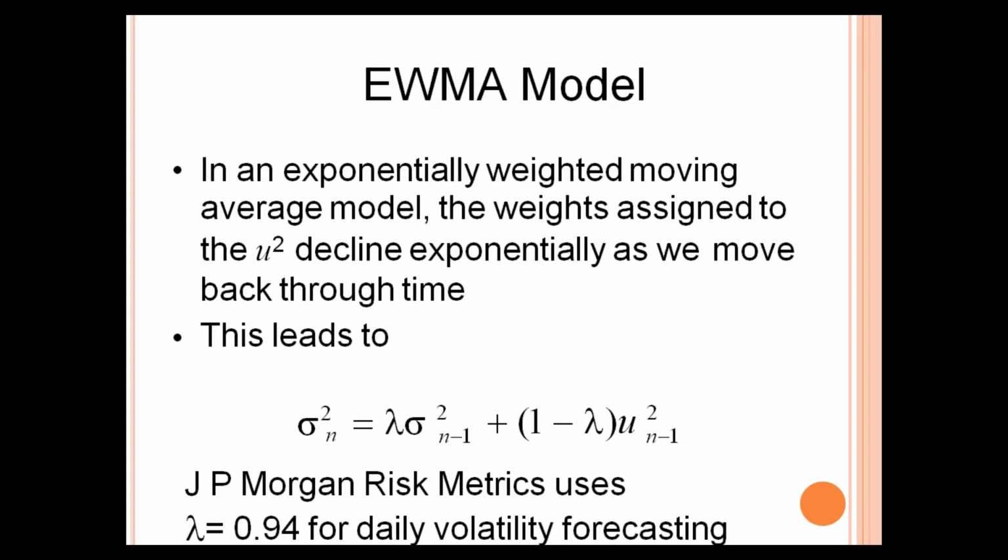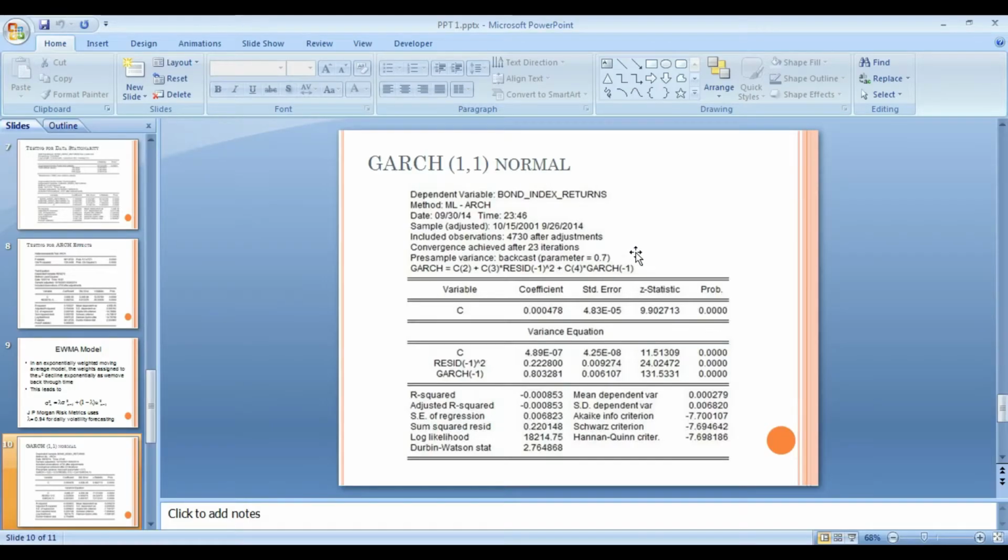So the EWMA model as applied by JP Morgan RiskMetrics is also in a way a kind of GARCH model or a heteroscedastic model. We'll come to this in great detail when we'll be building our model in eViews. We'll get the same kind of table.